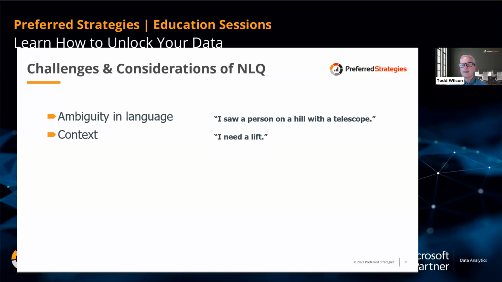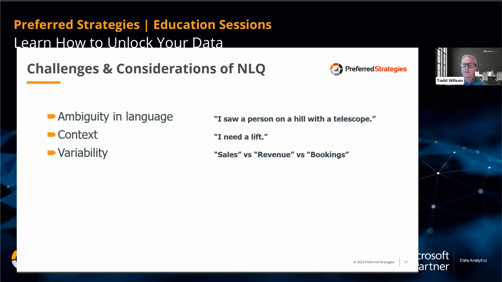You could translate that as, I need an elevator, because that lift is sometimes used for elevator. You could need a lift because you can't reach the cookie jar on the top shelf. Like, there's a lot of different contexts for that phrase, and understanding that context is sometimes a challenge for a natural language query engine.